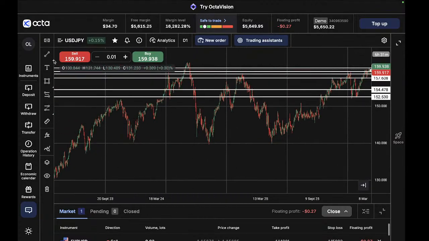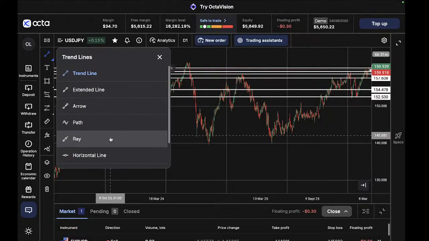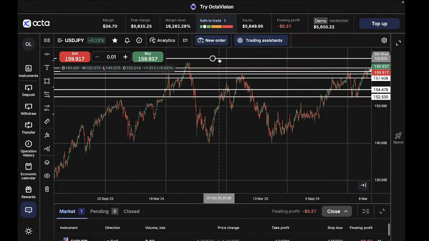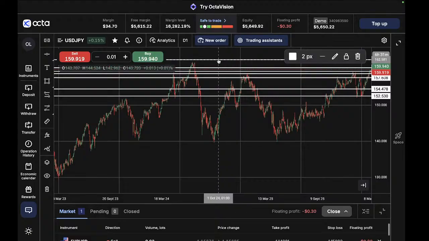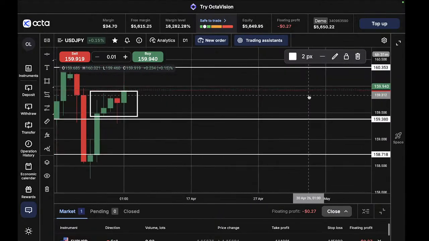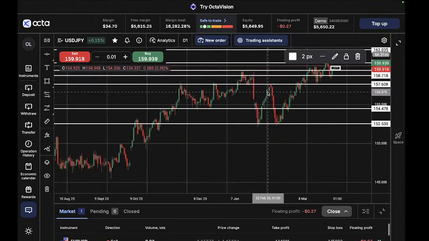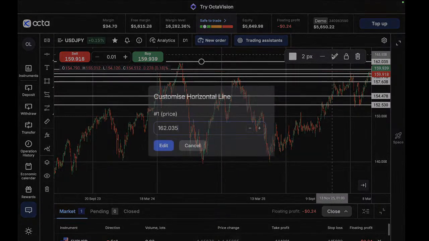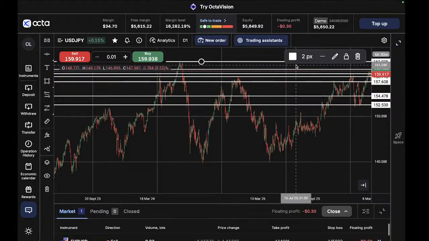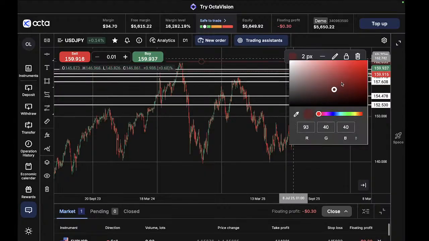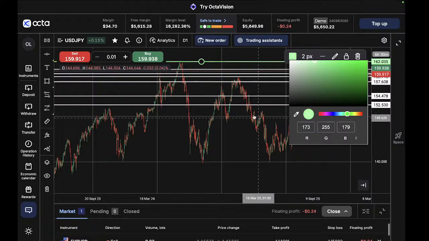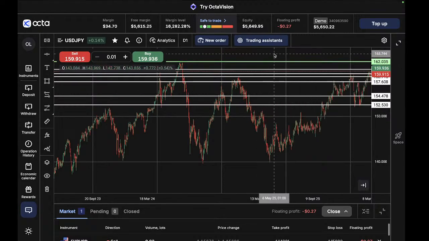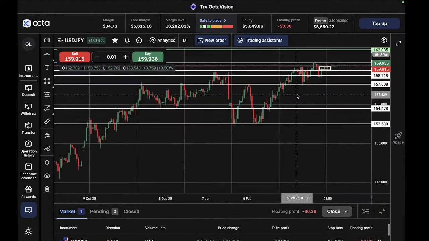So are we saying that price will then most likely reach this level? Because that's most likely it. Let me zoom out.